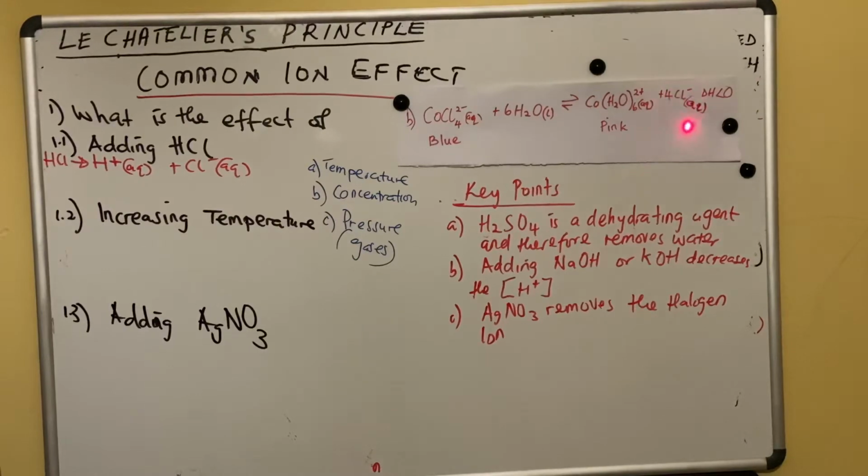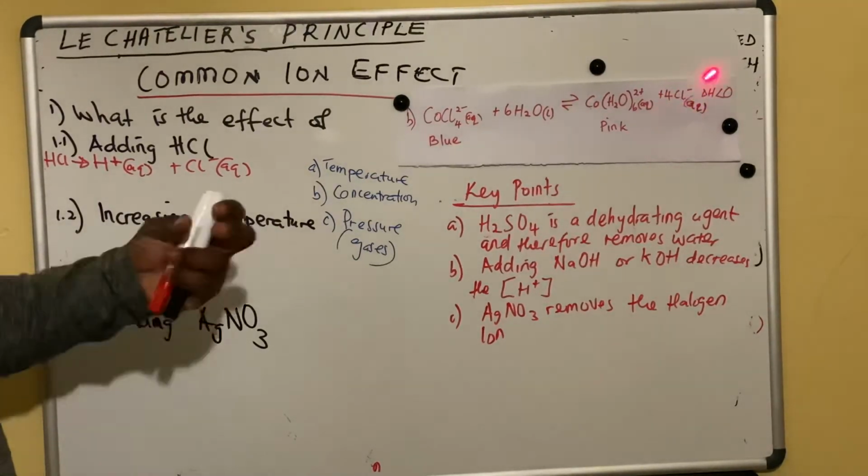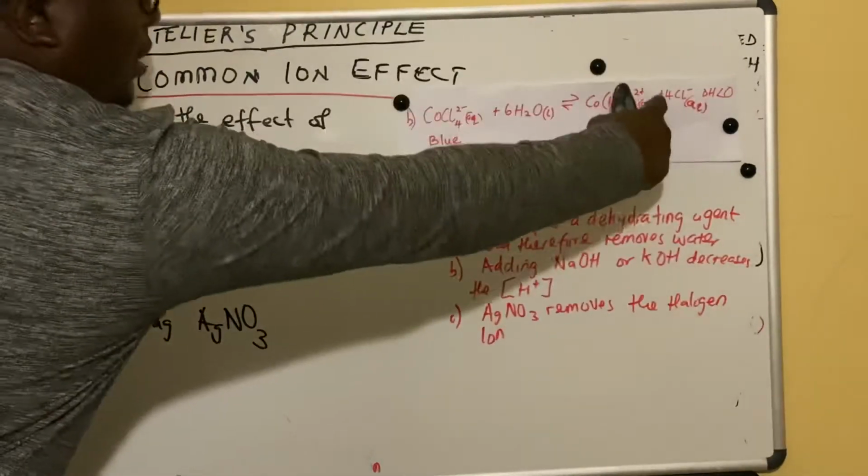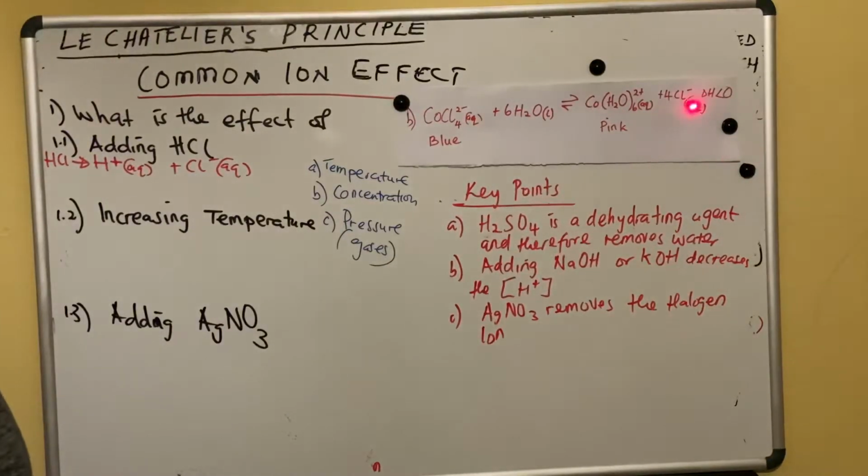How does it oppose? It opposes by favoring the reaction which tries to reduce the concentration of the chloride ions.